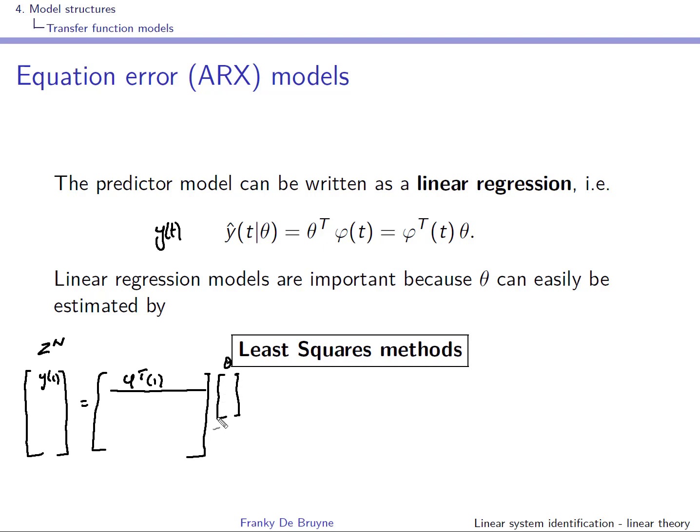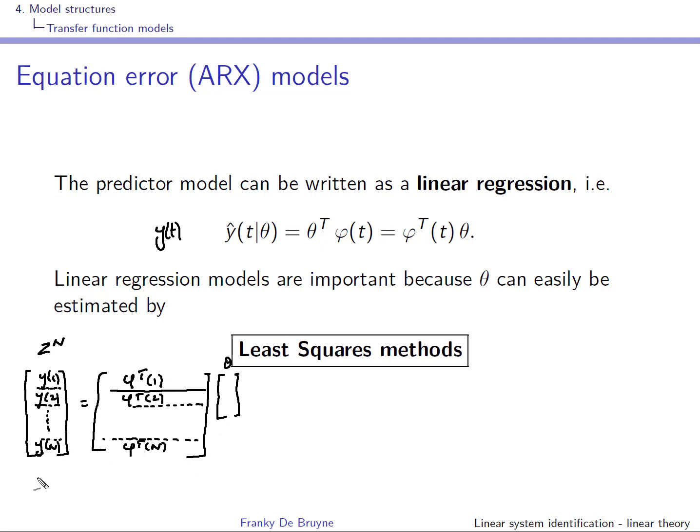And what we have done for y of 1 we can do for y of 2. We have phi transpose of 2 over here, again times theta, and we can do this up to y of N, phi transpose of N. Okay, so this is the regression matrix.